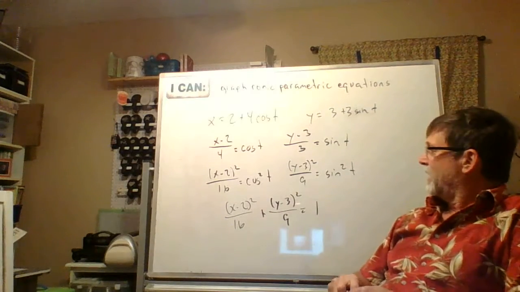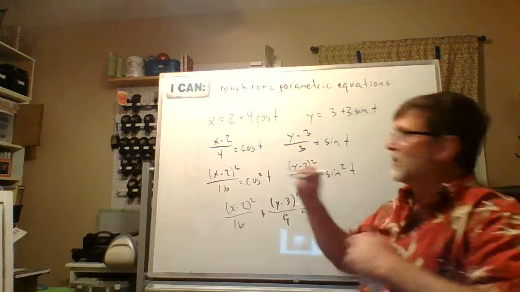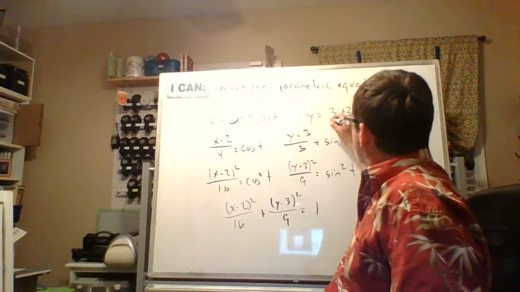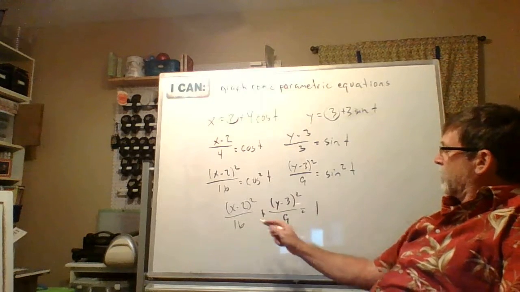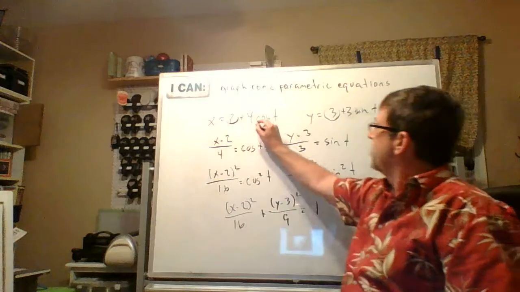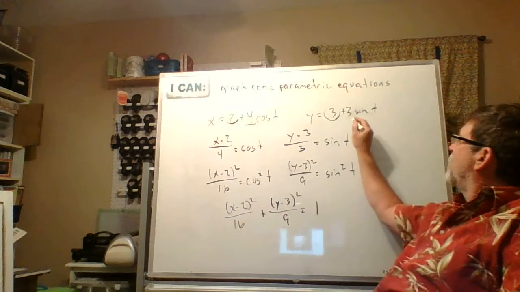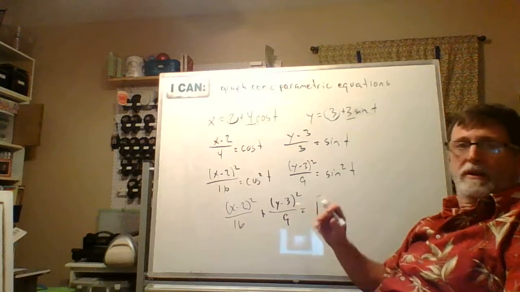This is an ellipse whose center is 2, 3, whose axes are 4 units away from the center in the x direction, and 3 units away from the center in the y direction, square root and square root.